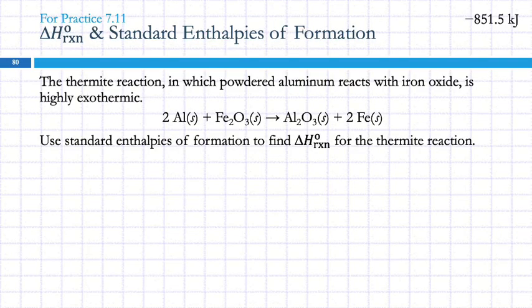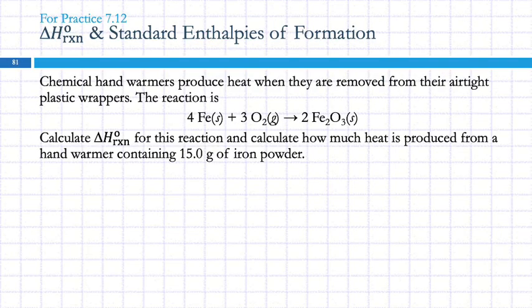Lost in my slides there. Okay, here's another one. So back to those chemical hand warmers. They produce heat when they're removed from their packaging. Here we have the chemical reaction.